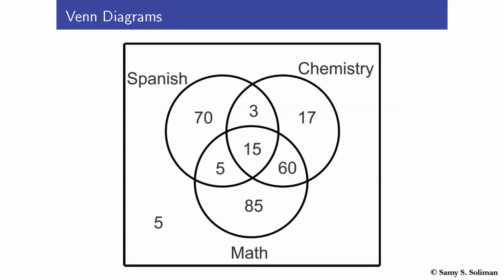And here we can see the Venn diagram after being entirely completed. As you can check, the number of students studying, for example, Spanish, is the total of those studying Spanish, chemistry, and math, those 15, in addition to 5 studying Spanish and math together, and 3 studying Spanish and chemistry together, and 70 studying only Spanish.